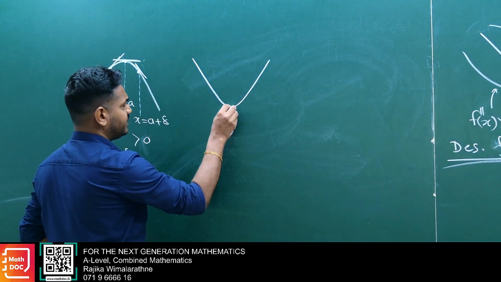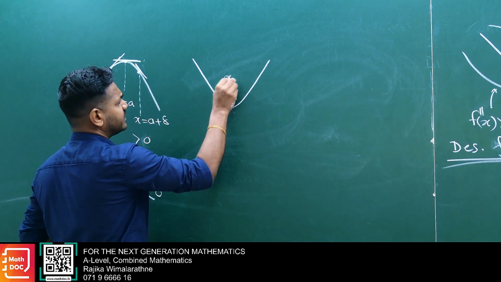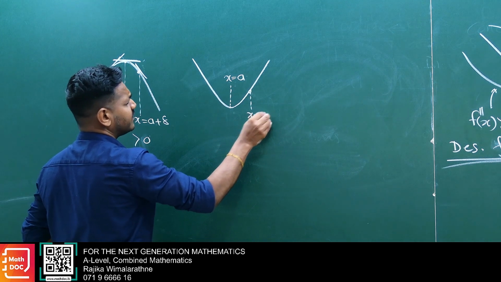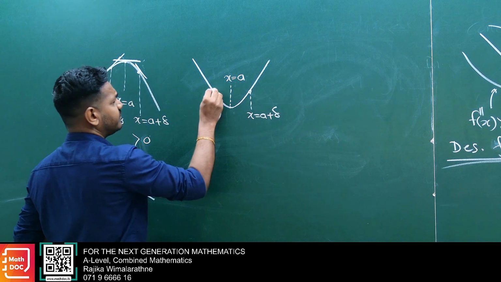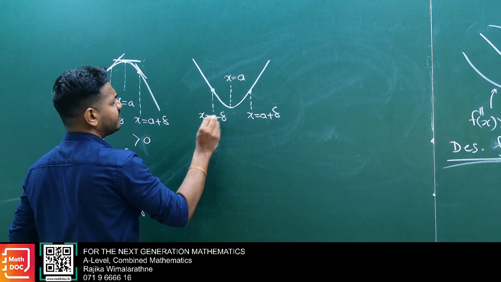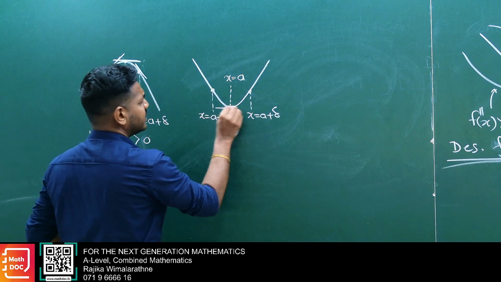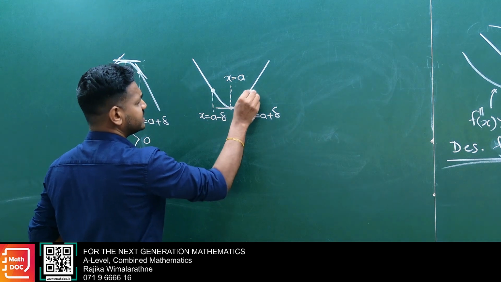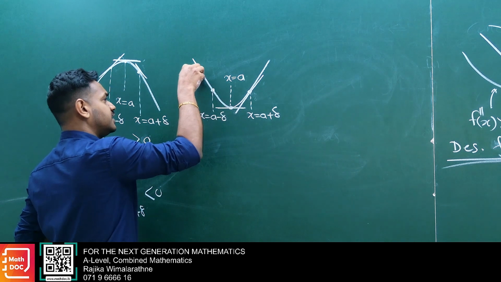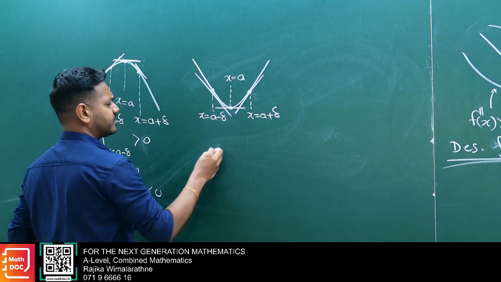Then similarly here, you consider x equals a, here x equals a plus delta, here x equals a minus delta. Here parallel to x-axis, here acute angle, here obtuse angle gradient.